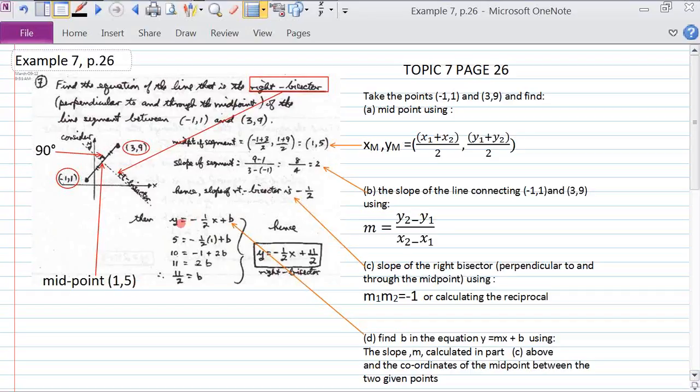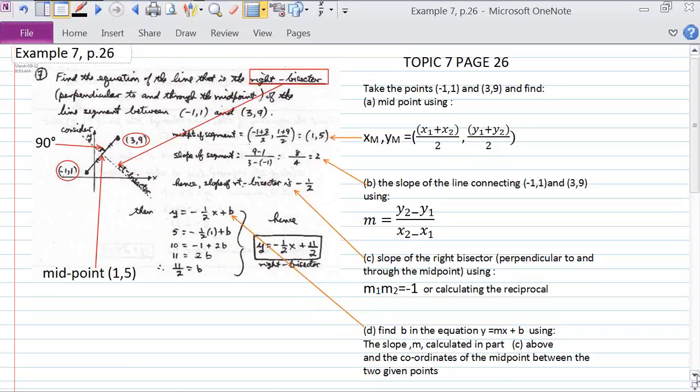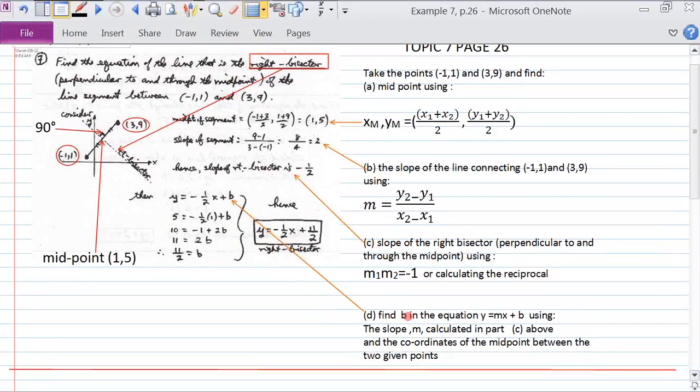So we use the formula here. We need the value of b, so we can use y equals mx plus b to find b, because we don't know what b is. We know what the slope is, but we don't know b.